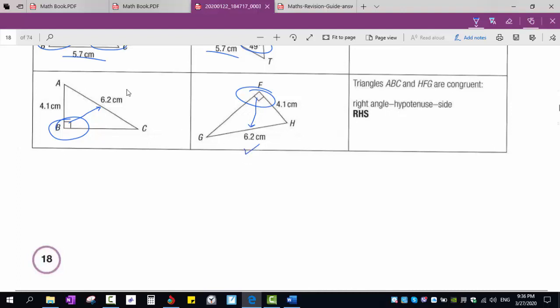So both triangles must have right angles. Hypotenuse, the longest side opposite the right angle, must be equal in both triangles, and one more side must have the same length in both triangles. So this rule is called RHS.